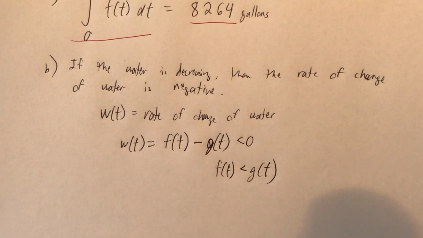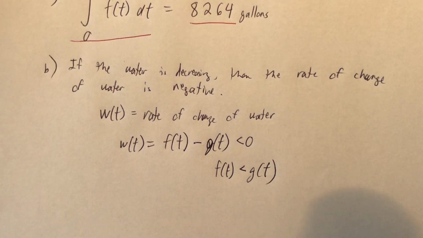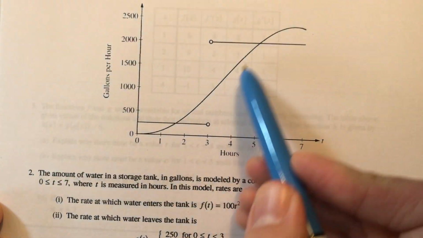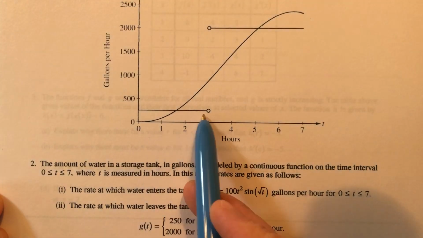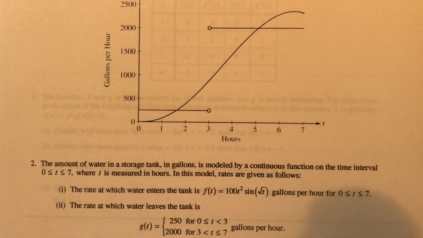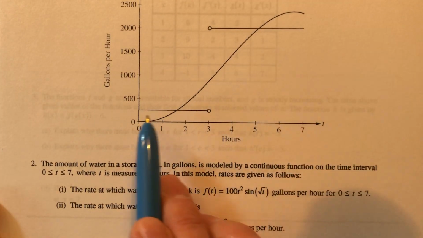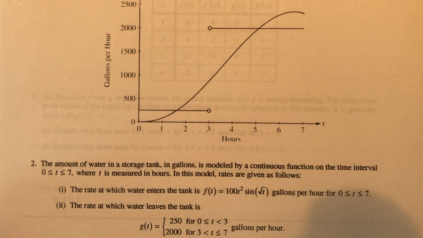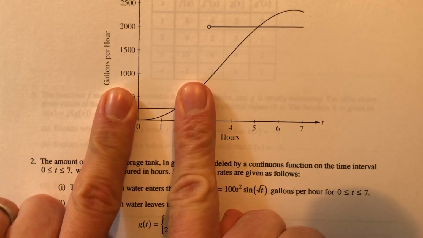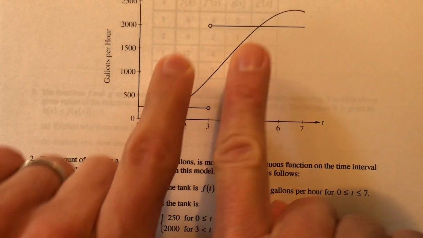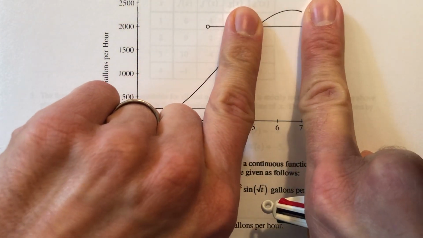I'm wanting to see where f is less than g. Well, this is f, and they never told me that, but clearly it matches that. And then clearly that's the piecewise part. So I need to know where f is less than g. Oh, okay, well, g is greater than f here, not here, here, not here.